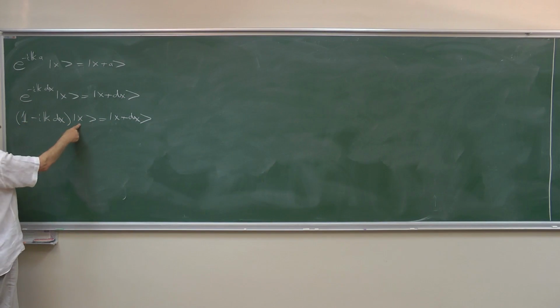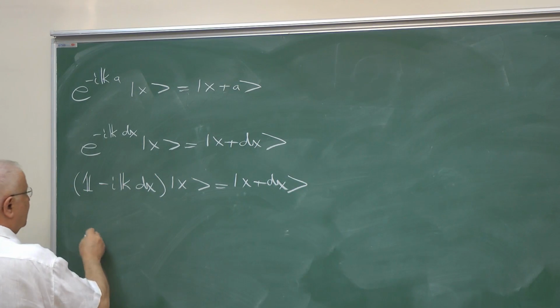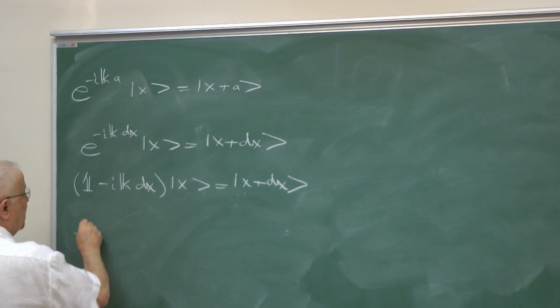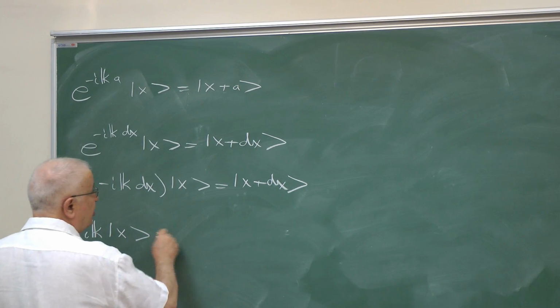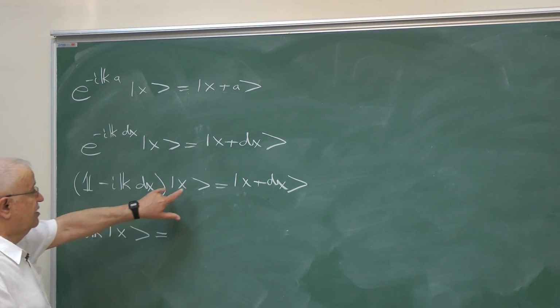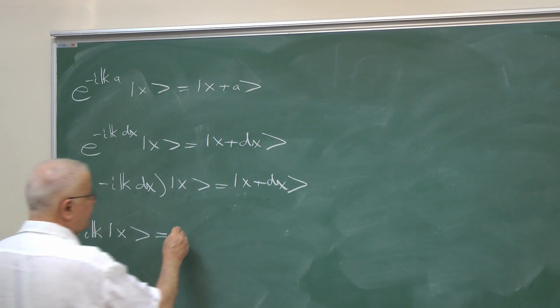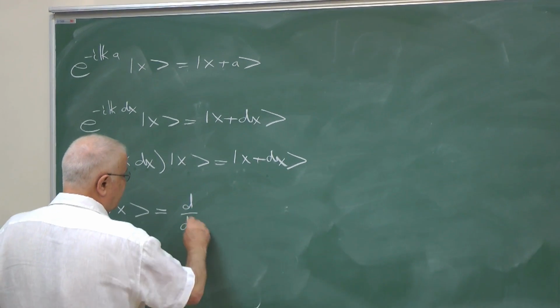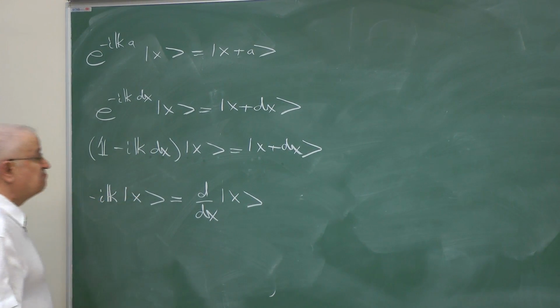This identity hits x. It is x. I can subtract it from here. So I have minus i K hitting x is x plus dx ket minus x ket, divided by dx. This, of course, is the derivative, d dx of x.